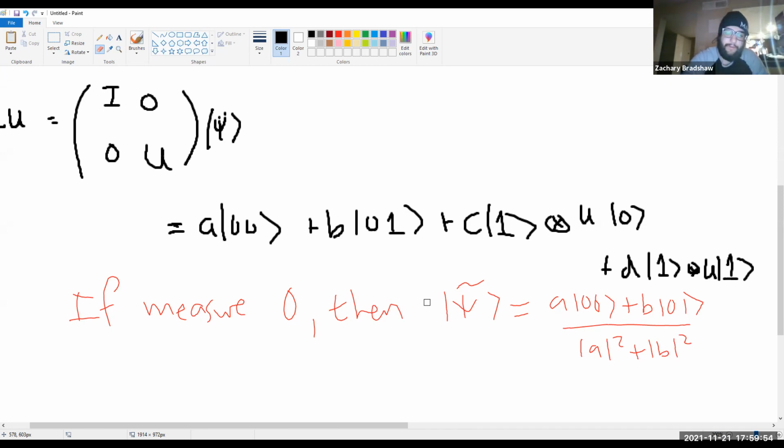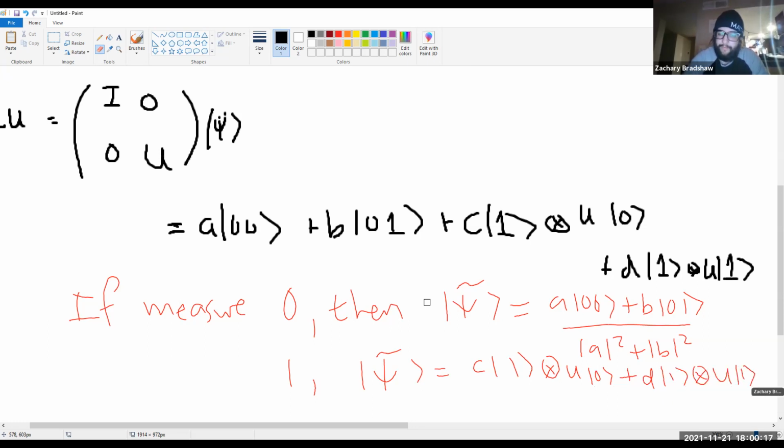If we measure 1, then the resulting state is C|1> tensor U|0> plus D|1> tensor U|1>.